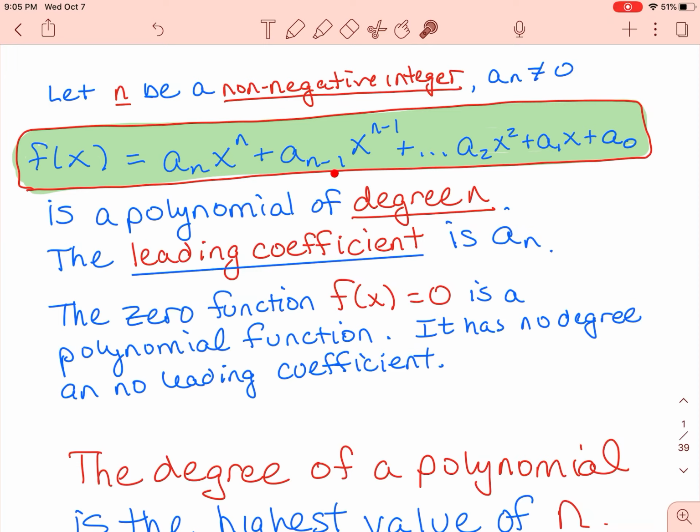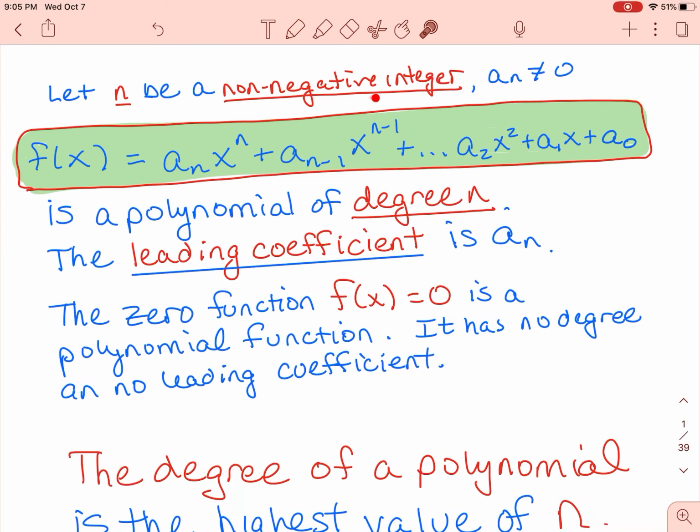So a sub n goes with x to the n, and a sub n minus 1 goes with x to the n minus 1. This is just a name for it. A sub 5 would be a name for the coefficient of x to the fifth power. So that's not a big deal. It just goes right on down, and that's a polynomial.